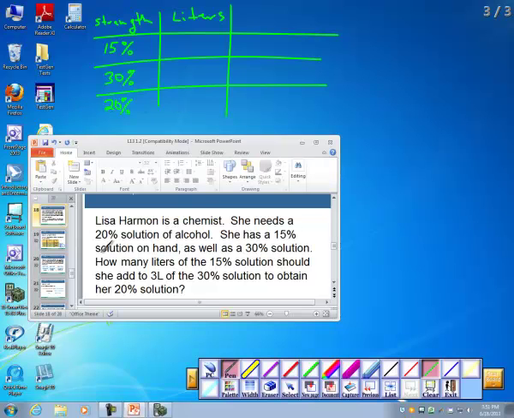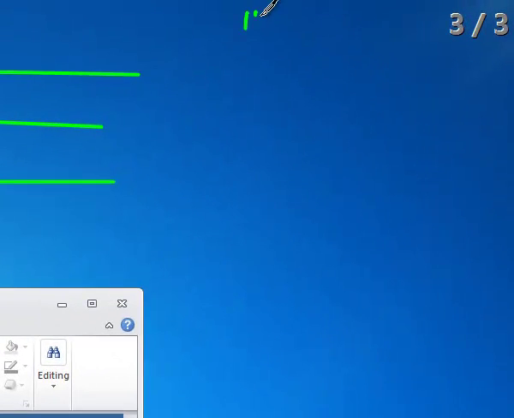She has 15% solution on hand, but we don't know how much of the 15%, so we would put x. But she does have 3 liters of the 30%. The x liters of the 15% should be added to 3 liters, which goes with the 30%, to obtain a 20% solution.